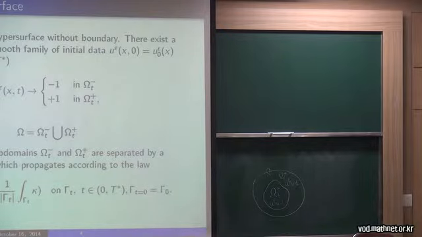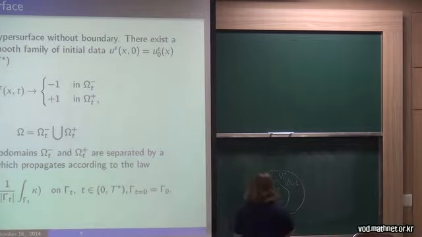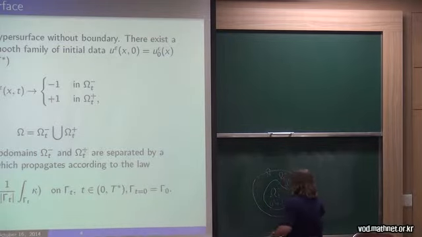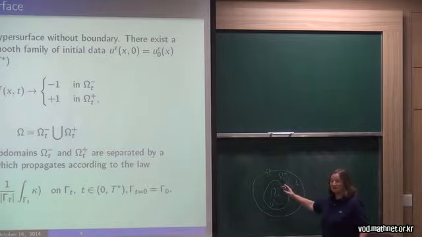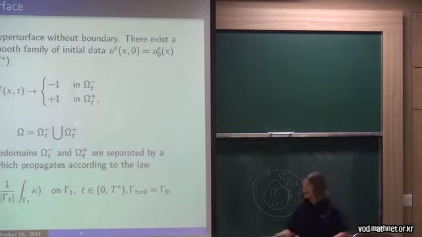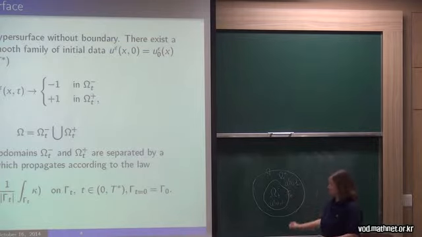Then a question is this, there is a boundary, a moving boundary, gamma t, between omega t minus and omega t plus. And so a question is, what is the law for displacement of gamma t?